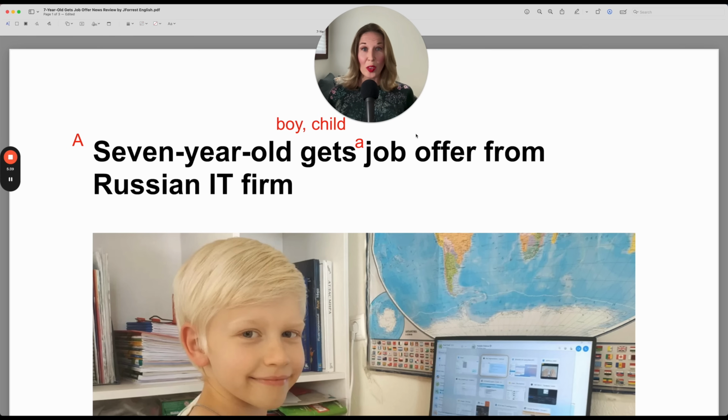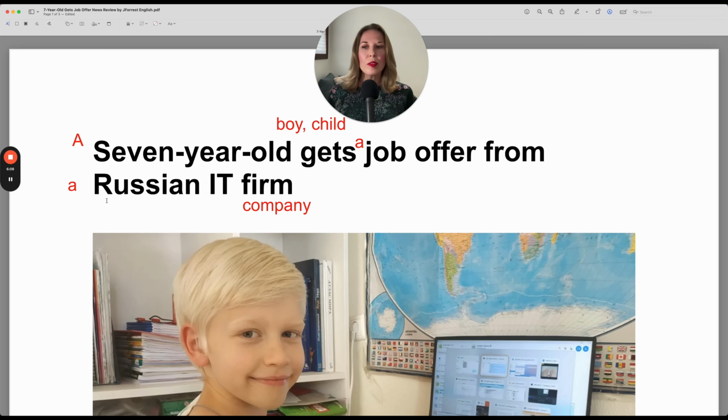Now, our final article missing, from Russian IT firm. Well, here, firm, which is another way of saying company, is our noun. Russian and IT describe what type of company. But if we got rid of Russian and IT, gets a job offer from firm, from a firm.